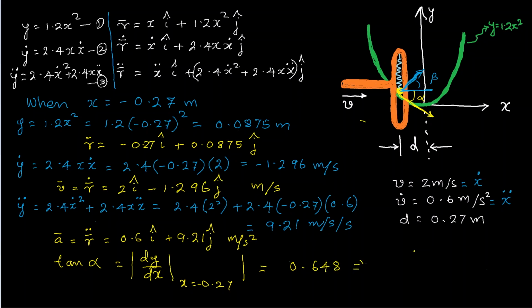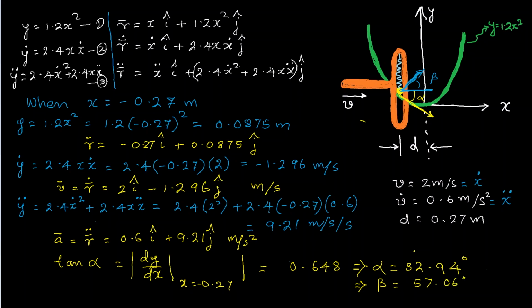That will give us alpha equal to 32.94 degrees. That makes beta equal to 57.06 degrees.